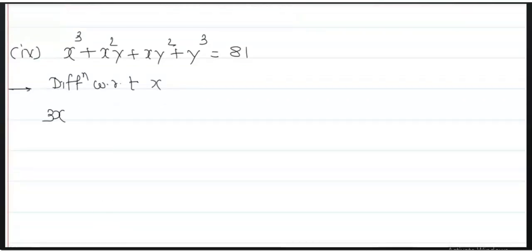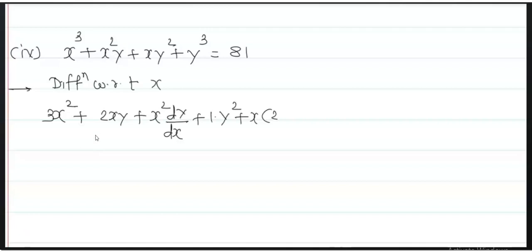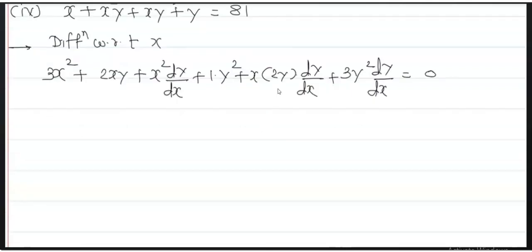Now differentiate this with respect to x. 3x square plus, now the derivative of this product rule, that is x square, is 2x into y plus x square into dy by dx. Again x into y square, derivative of x is 1 into y square plus x into y square. The derivative of y square is 2y into dy by dx plus 3y square into dy by dx is equals to 0.